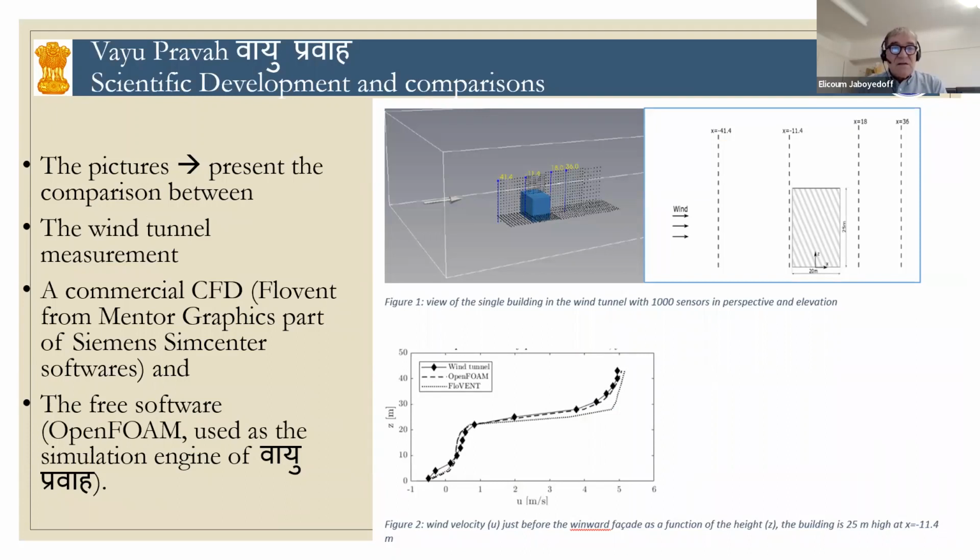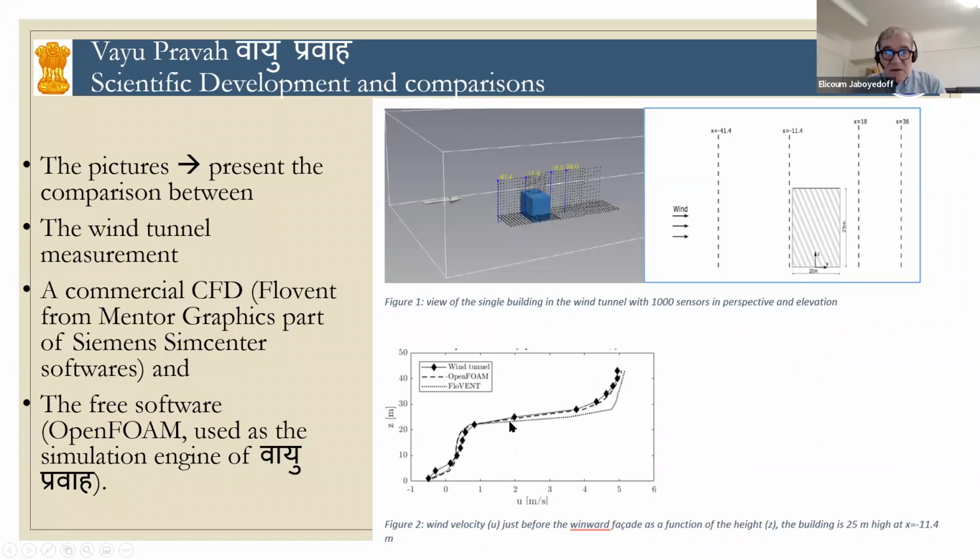So here you can see that on a wind tunnel based measurement, the diamond curve is the measurement of the wind in the wind tunnel. Then you see the fine dotted line, which is simulated with a software like Flovent, which is an expensive commercial software, but well known and validated.